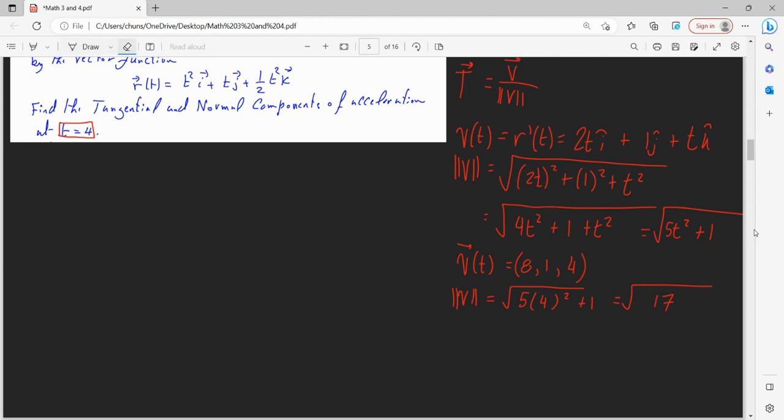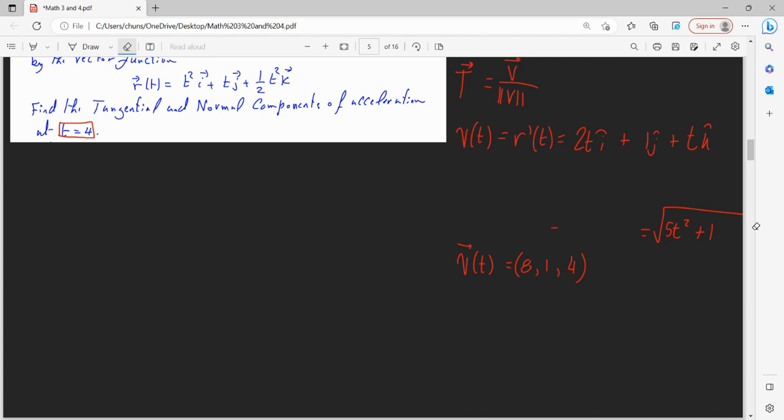Actually, hold on, no. It can get a little tricky with some of these. Rather than using our variable to define speed, it's better to find what velocity is first and then take the magnitude.